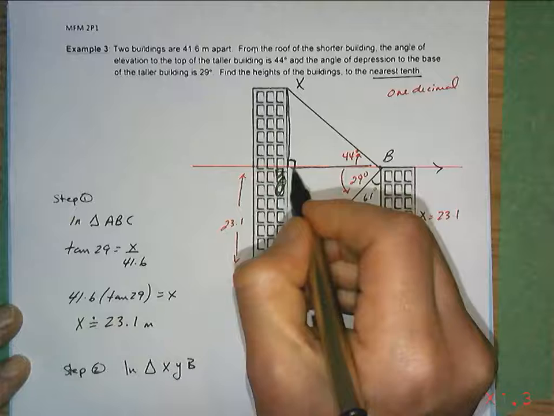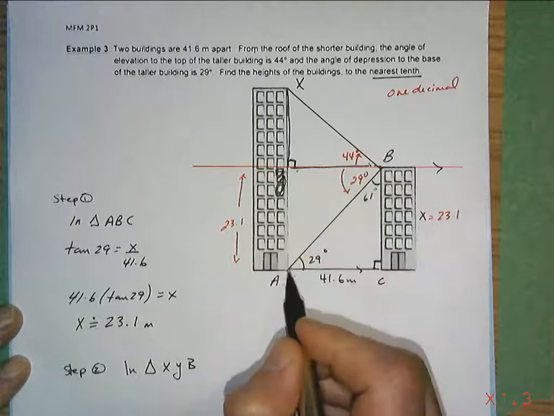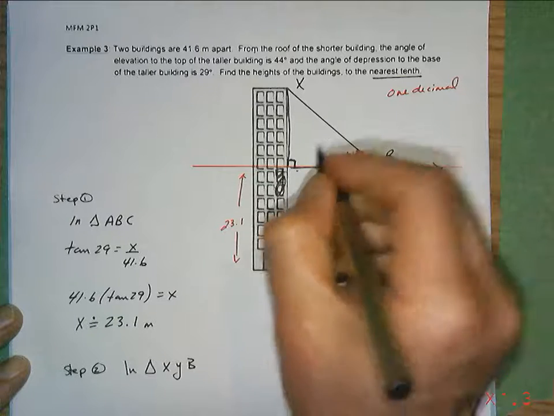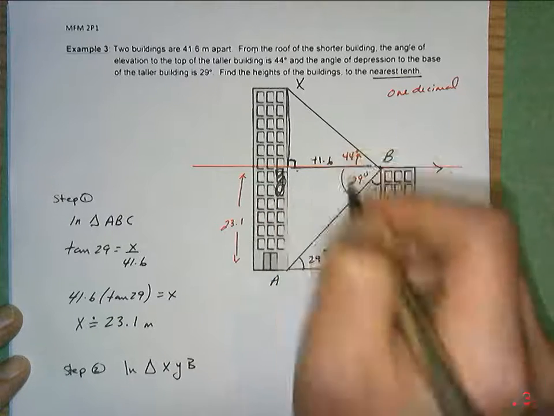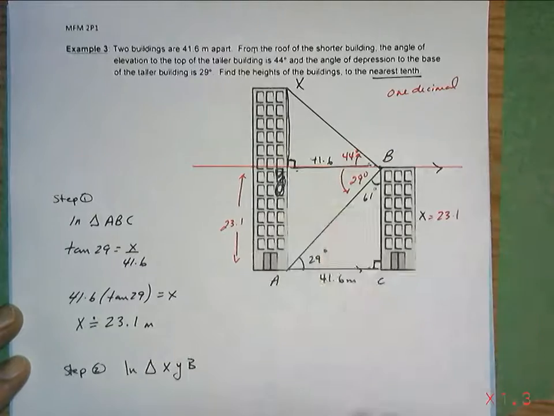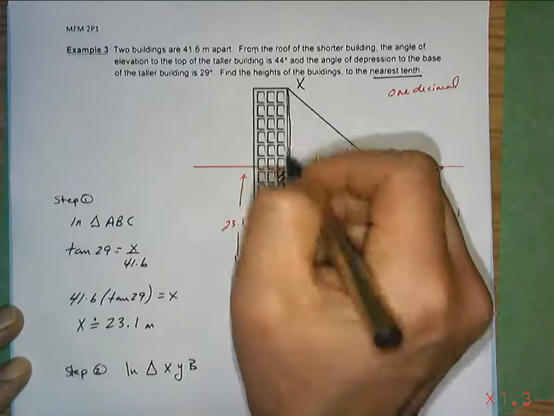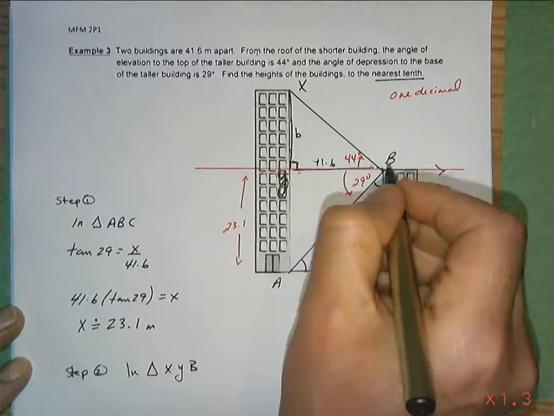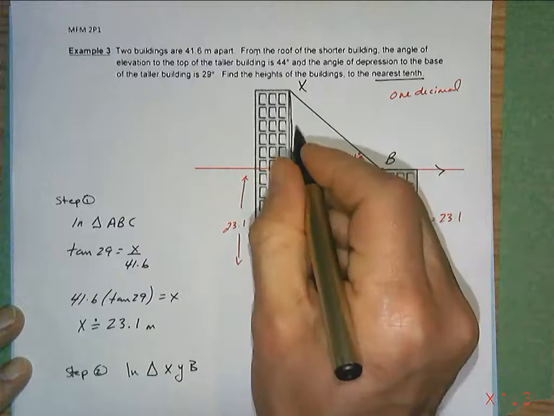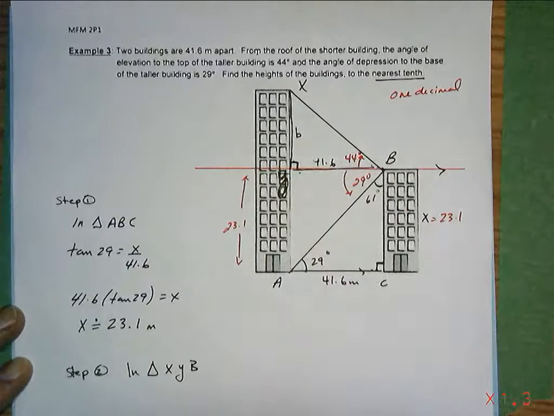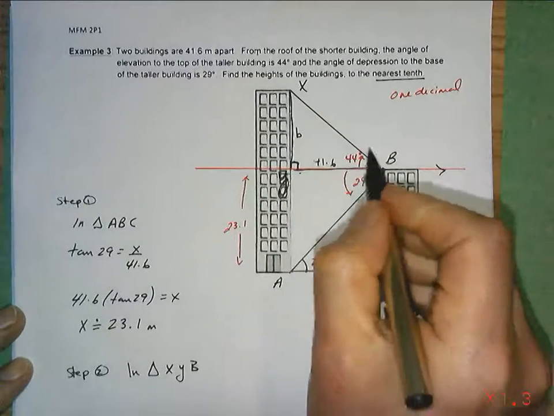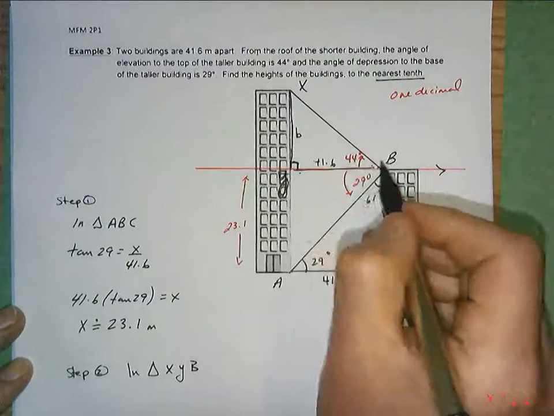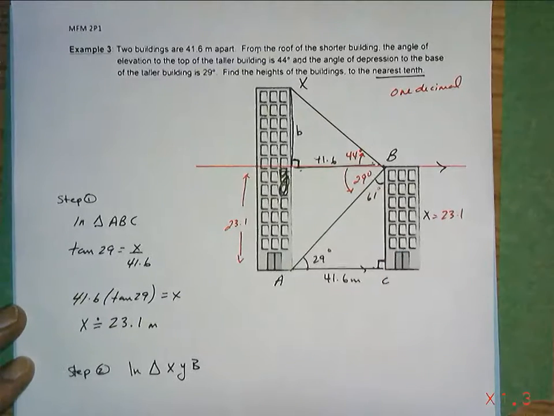So step 2, I'm going to say in triangle XYB, let's see what I've got here. Well, this length here is going to be the same as this length here, so this is still 41.6. I have an angle, and I'd like to find out this length here, and I'm going to call that little b, because it's opposite the vertex B. So using this angle, that's opposite, that's adjacent. What uses opposite and adjacent? Tan does.